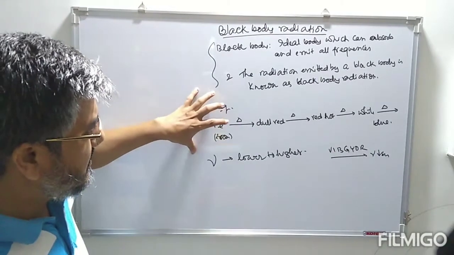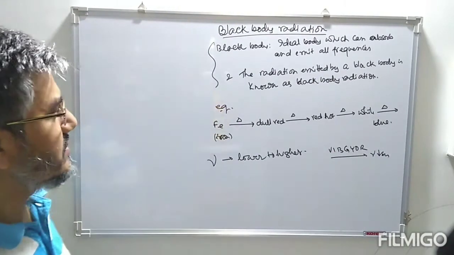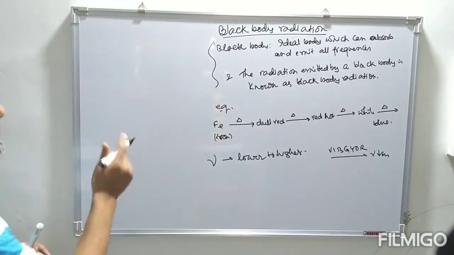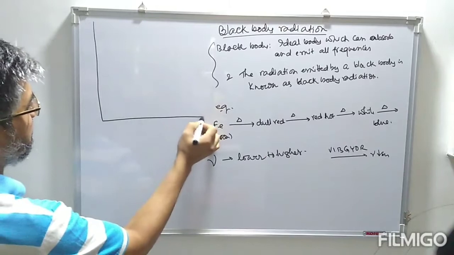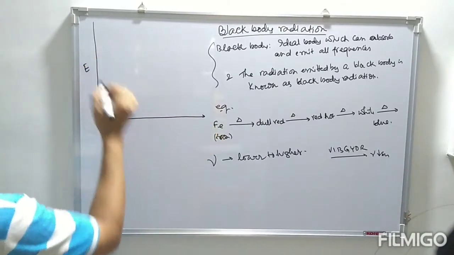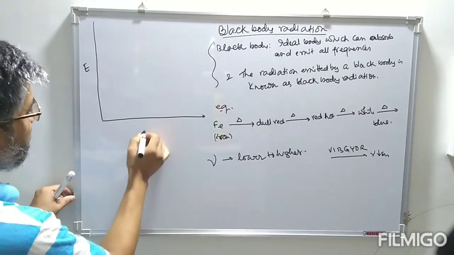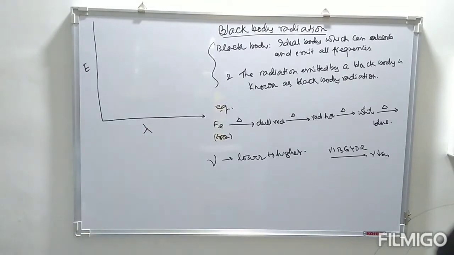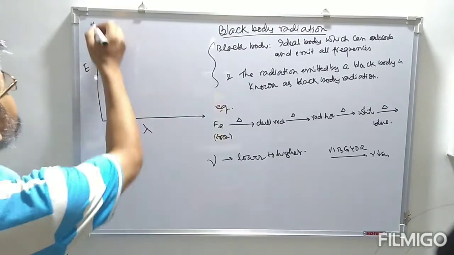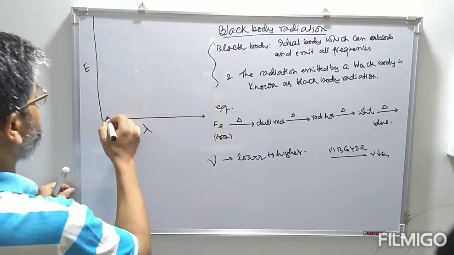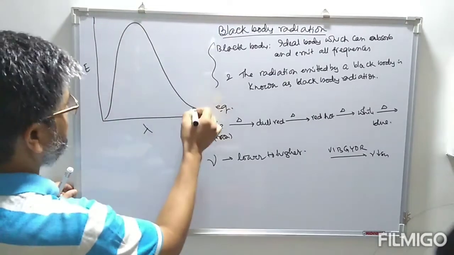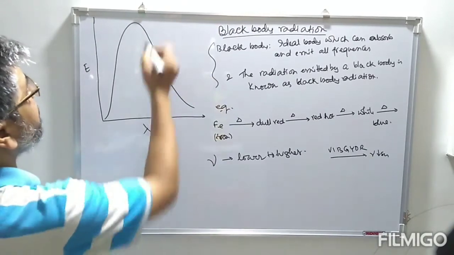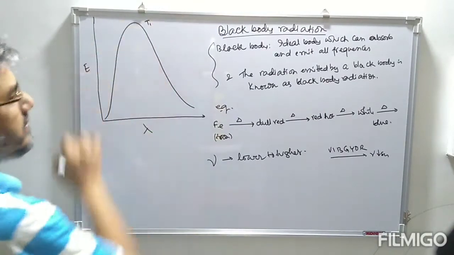So this variation is explained through this graph. It is energy versus wavelength. So suppose this is at T1.